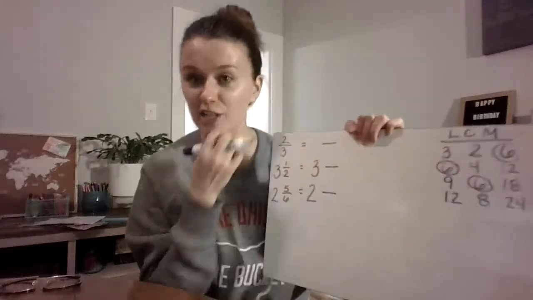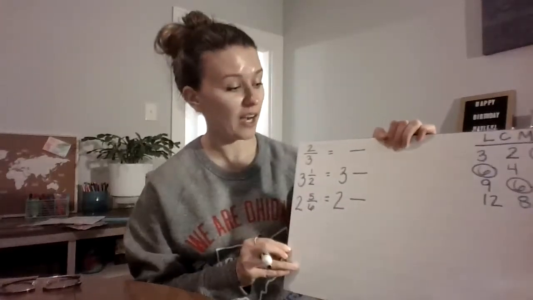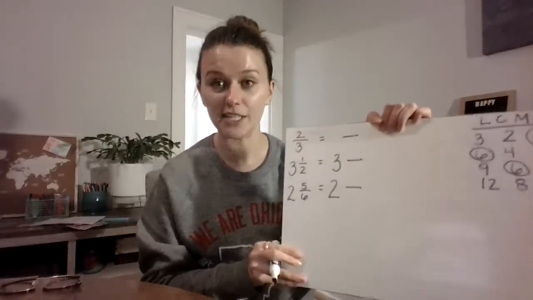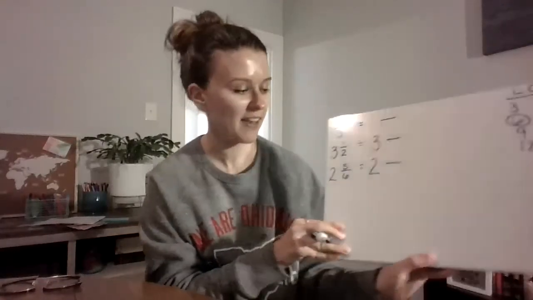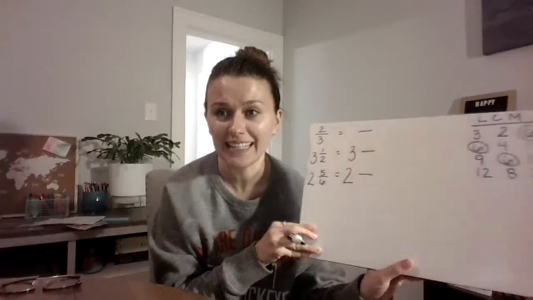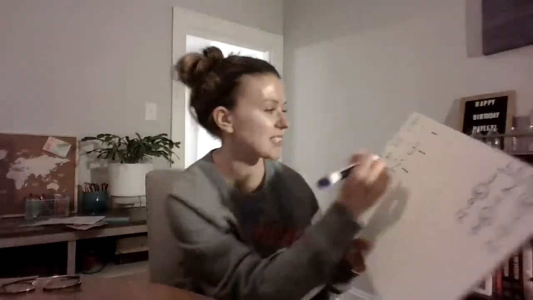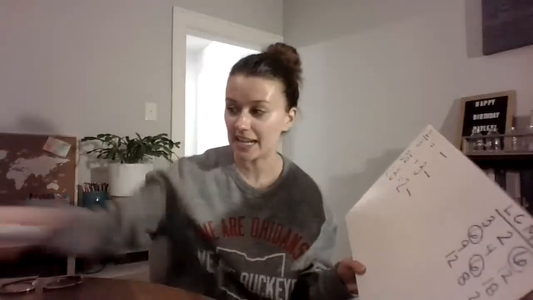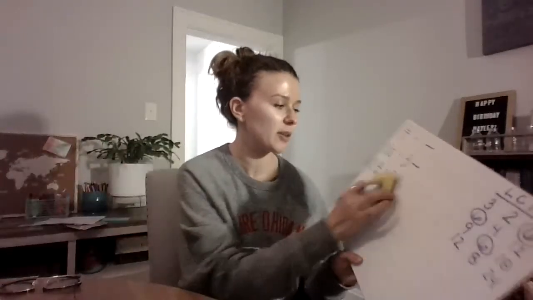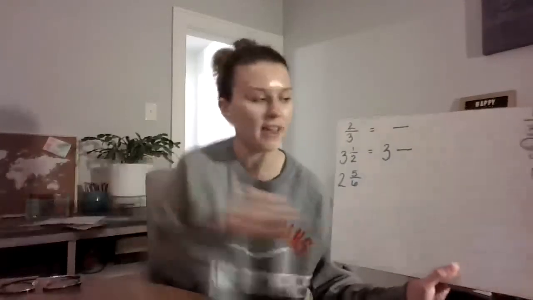So I want to change my fractions so that they all have a denominator of 6. What's kind of nice about that is I don't have to change my 2 5/6. That can stay the same. So I'm actually going to erase this work that I have right there.